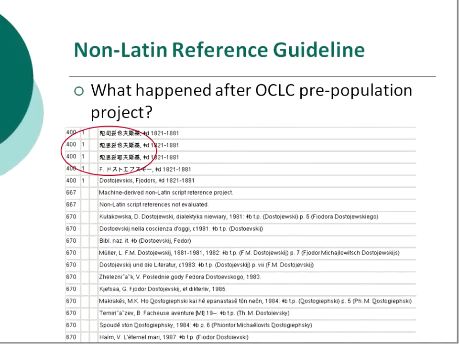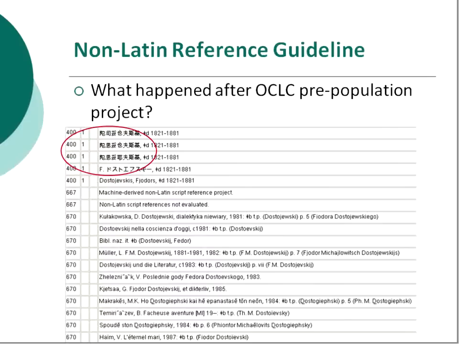What happened after OCLC pre-population? We all know the pre-population added the non-Latin script references through the machine automatically. But remember, those non-Latin references were not added in the 670 field.